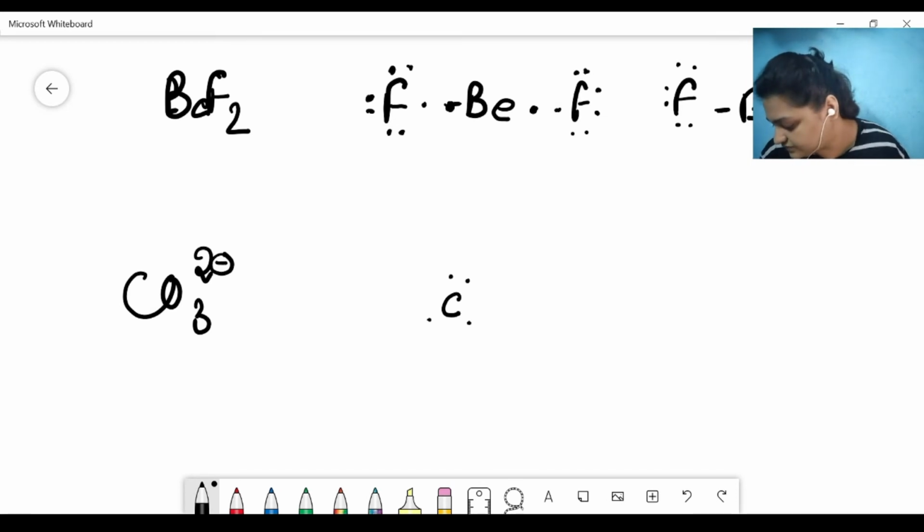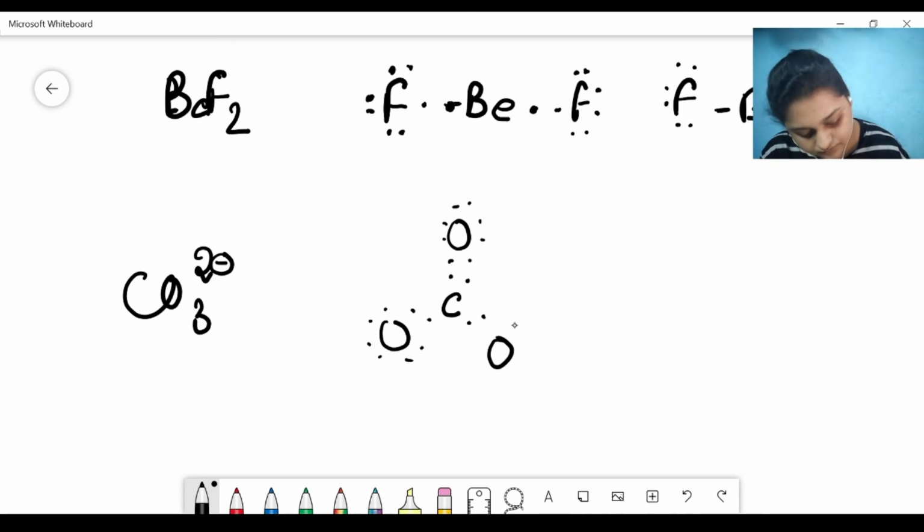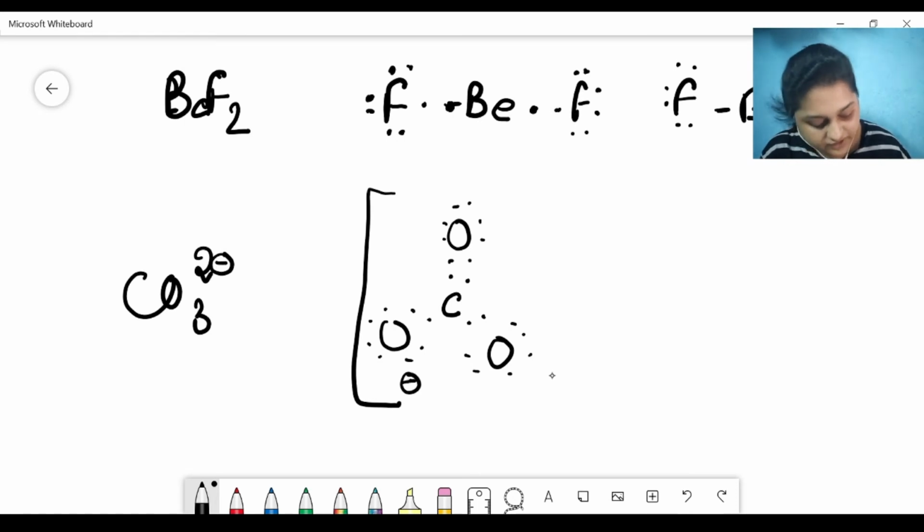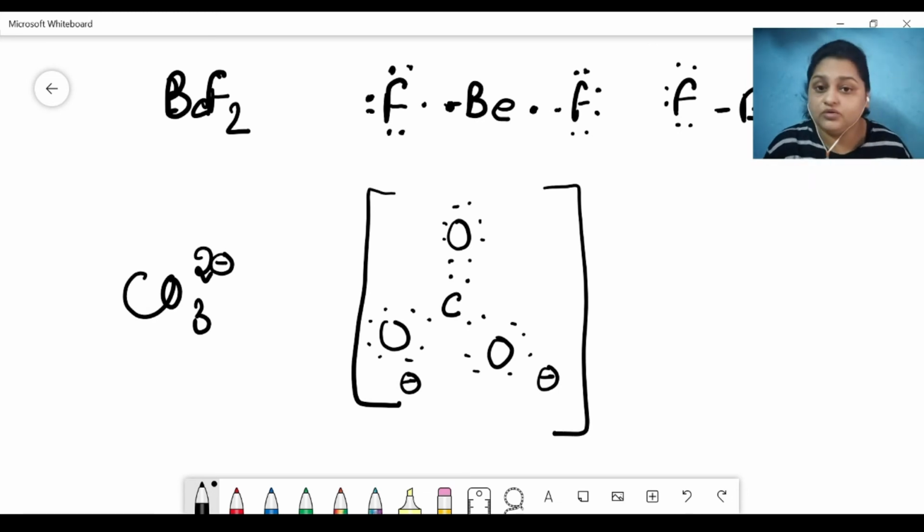This is the structure of carbonate. Each oxygen having a minus charge shares 1 electron with one of the electrons from carbon.